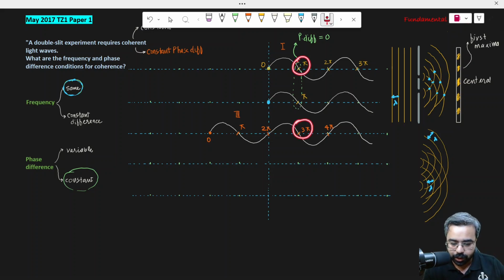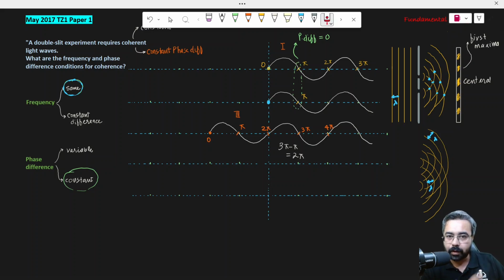Take the difference of these two. What is the answer? 2 pi. Now take a difference of any other. What about 2 pi and 4 pi? Take the difference of these two phases. You will once again get the same answer, 2 pi. And it will remain as it is.